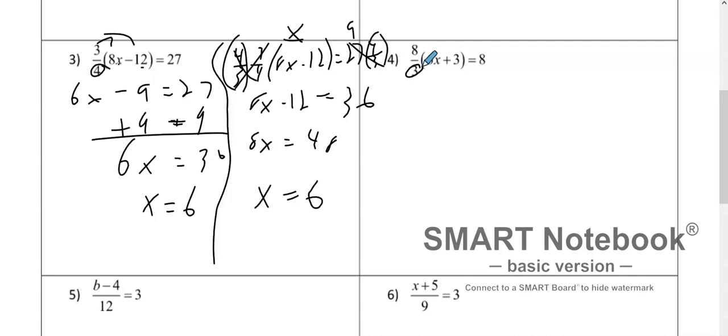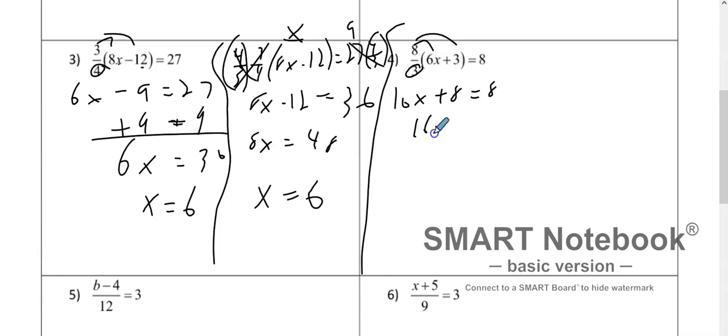So it's up to you what you're most comfortable with. So I'm going to do it both ways again. I'm going to distribute this 8/3 first. 3 goes into 6 2 times. Times 8 is 16. 3 goes into 3 once. Times 8 is 8. I'm going to subtract 8 and get 0. Divide by 16, I get 0.